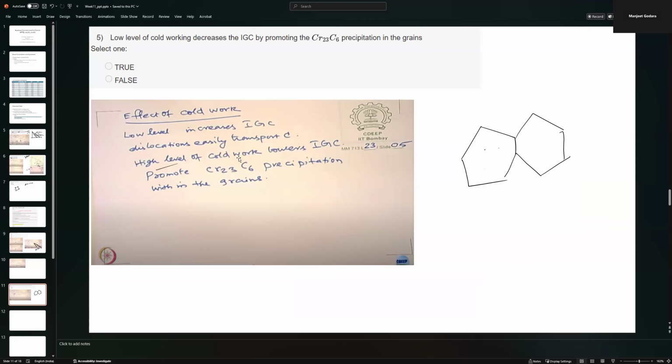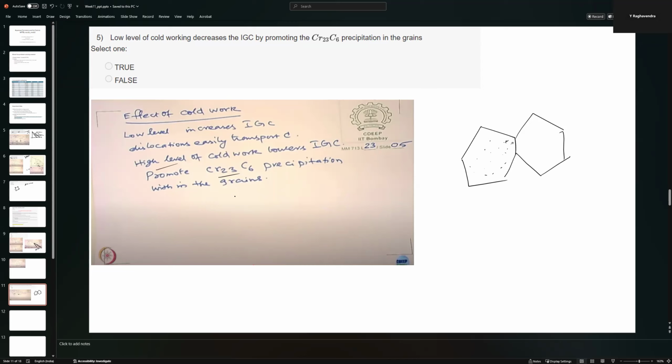In case of high level cold working, this promotes formation of chromium carbide precipitate inside the grains. When it forms inside the grain, you have locked the chromium inside the grain, and it won't diffuse toward the grain boundary.